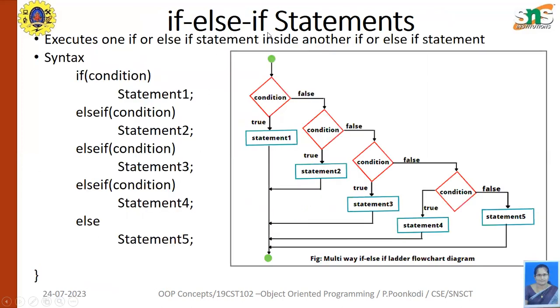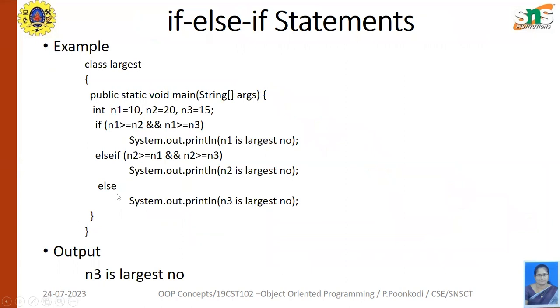Next one is if-else-if. Okay. The conditions will be given. It's like the previous one, but it uses a ladder. Okay. If, then else if, else if, else if, and then the else part. Here also we are checking the greatest number among three numbers.